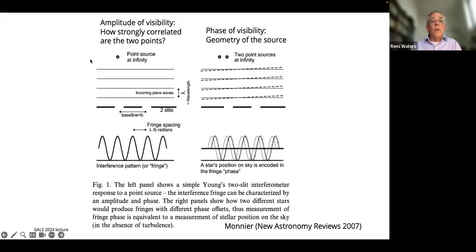Here's an example of both amplitude and phase. Here is a point source at infinity, and we have a screen, which is our interferometer with two apertures. So two telescopes are being combined here.